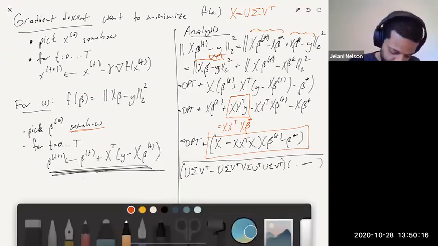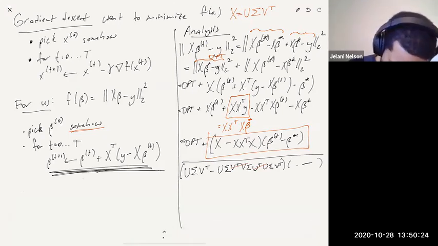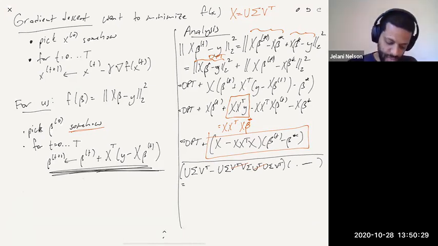Okay. V transpose V goes away, U transpose U goes away. This is just U sigma cubed V transpose. So this is equal to, we want to look at again, all of this is the norm, right? So this is the square norm of this. All of these are square norms.